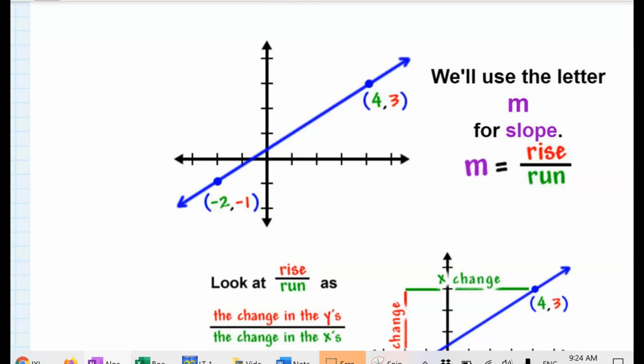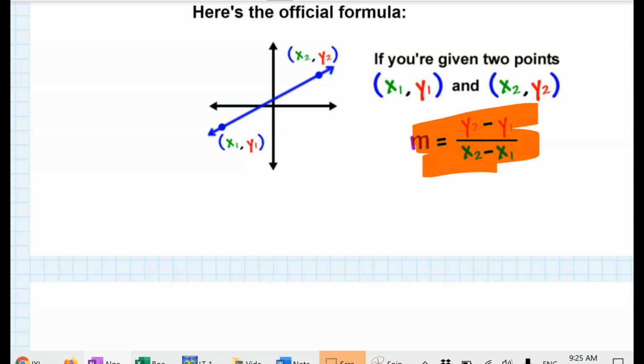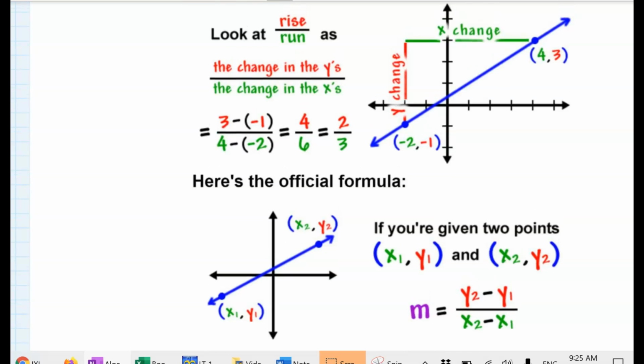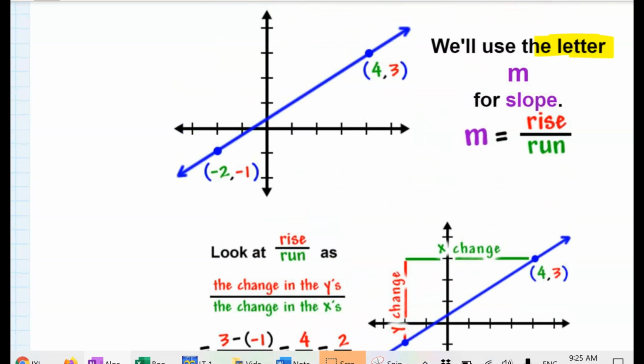So we're going to use the letter M for slope. This is super important. This is where we're going with it. But before we start with our notes, let's understand what's going on. Why do they use the letter M? I have no idea.